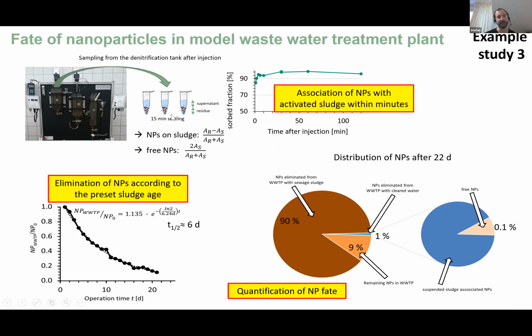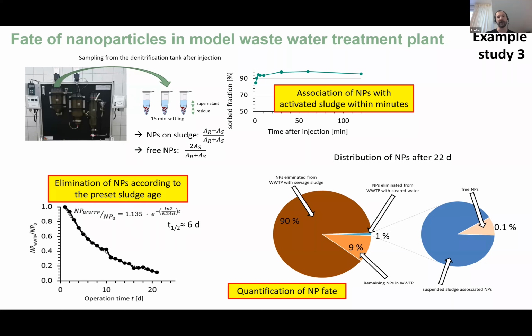First of all, by sampling, we could show that the association of the nanoparticles with the sludge, so the organic waste and the microorganisms, happens within minutes. And then the elimination of the nanoparticles from the plant goes with the sludge according to the preset sludge age.